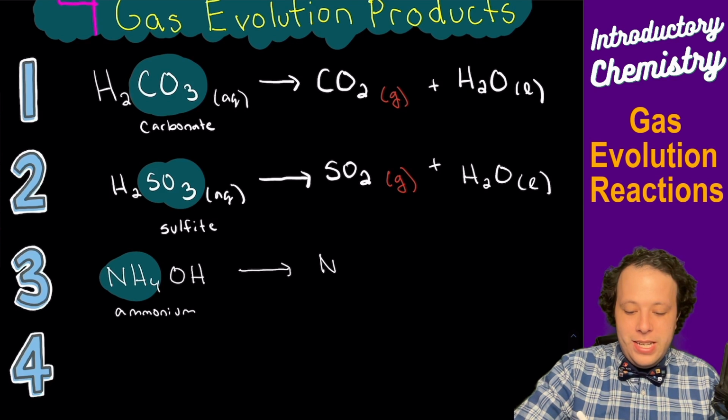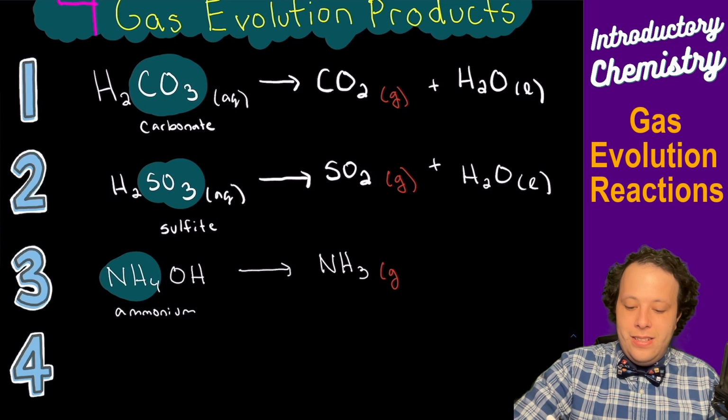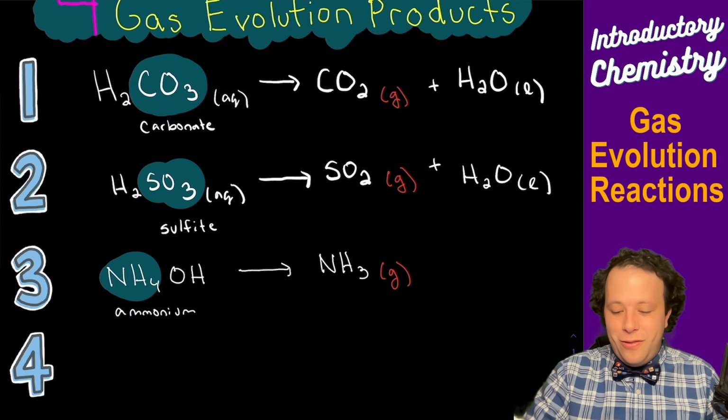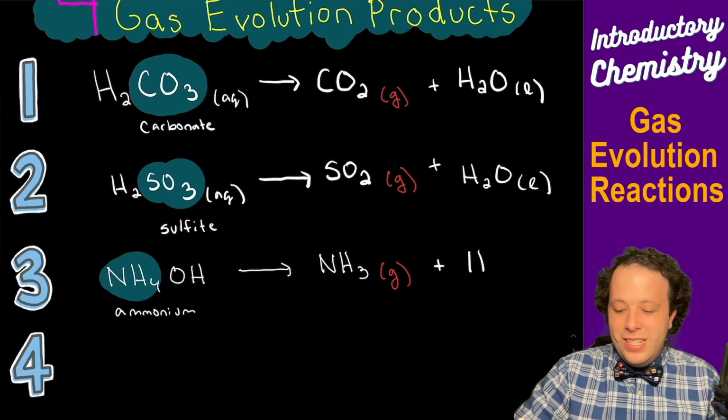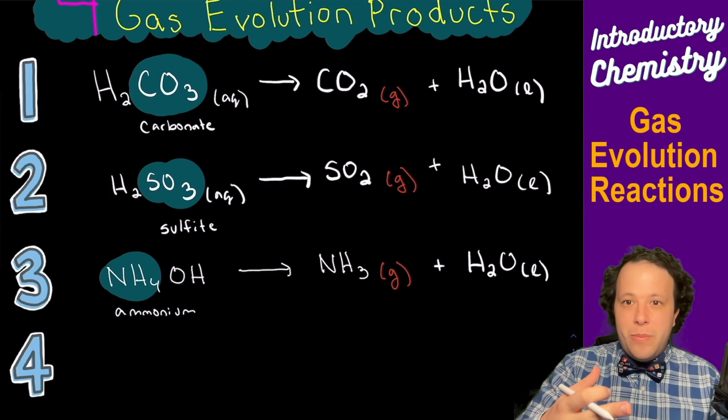So ammonia is NH3 gas. And on top of that, what's going to be left over? You might have guessed it from the previous trends: water. So these are all the different types of reactions where it's going to further break apart.